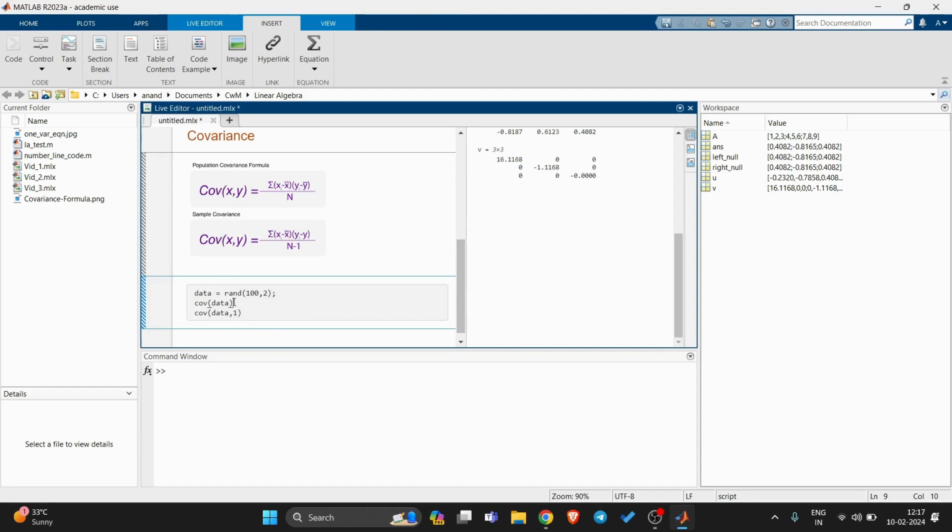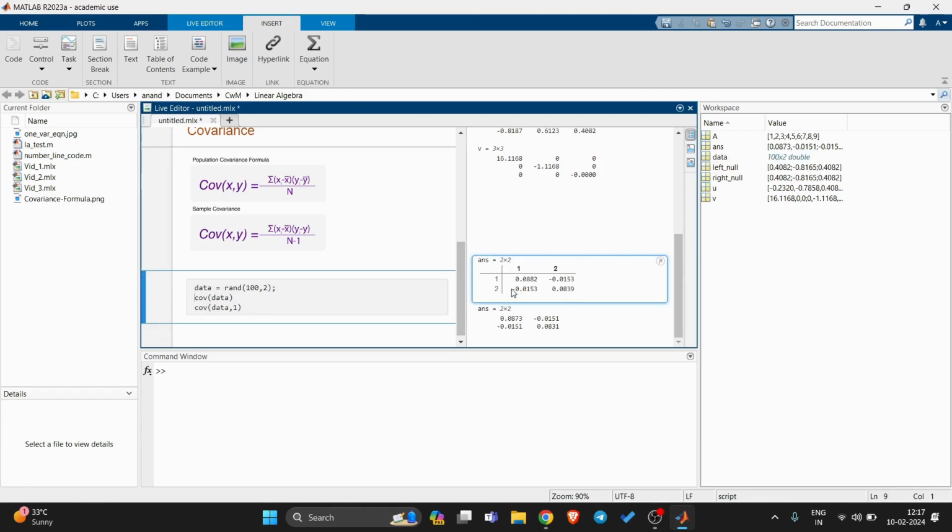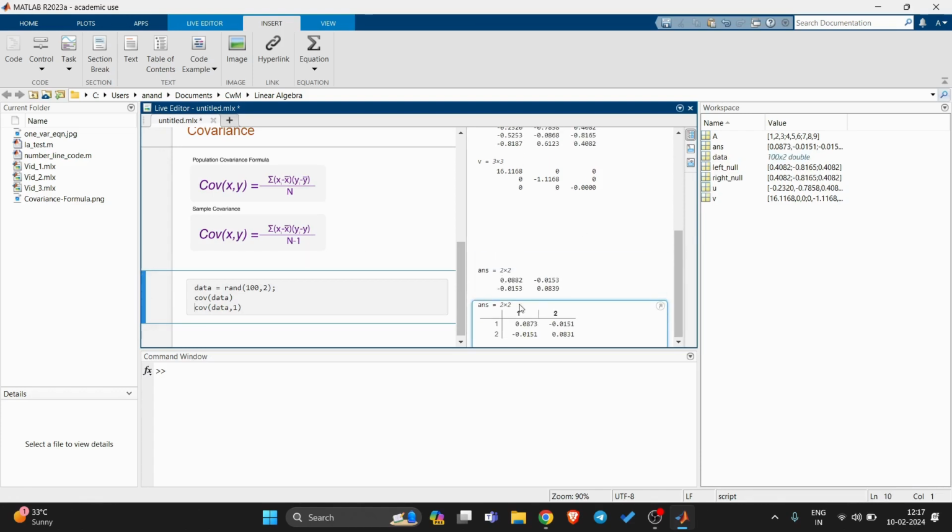So cov of data returns the population covariance, and this other command returns the sample covariance. So when I run this, this is the population covariance and this is the sample covariance.